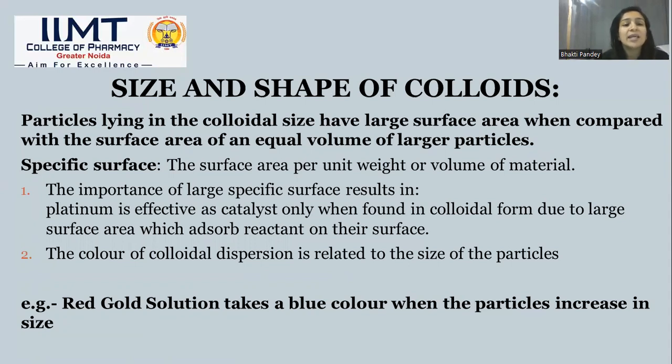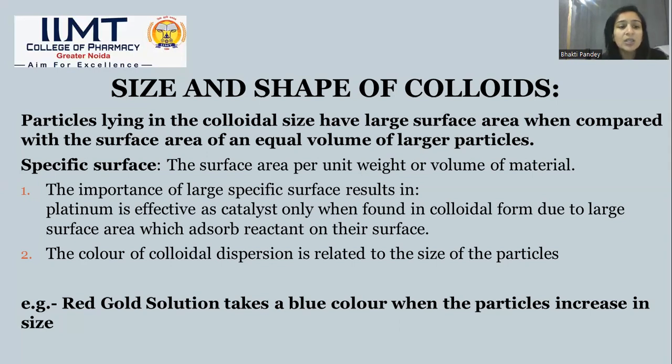Basically, particles lying in the colloidal size range have a large surface area when compared with the surface area of an equal volume of large particles. What is specific surface? The surface area per unit weight or volume of material.